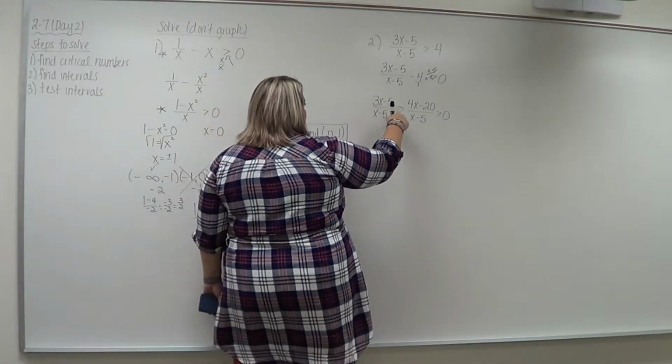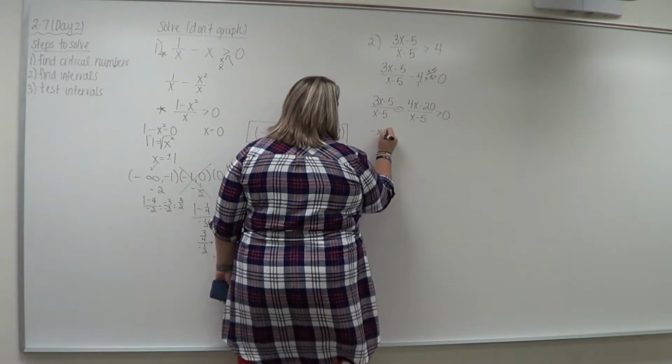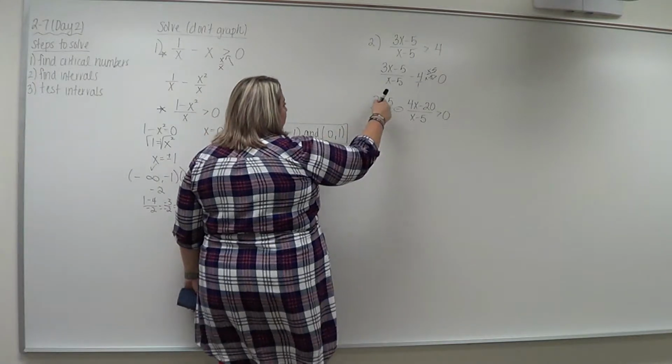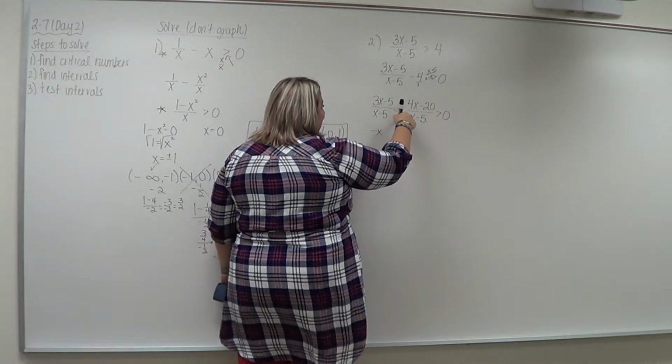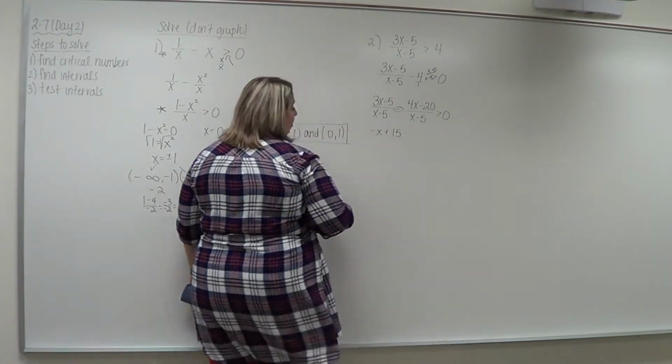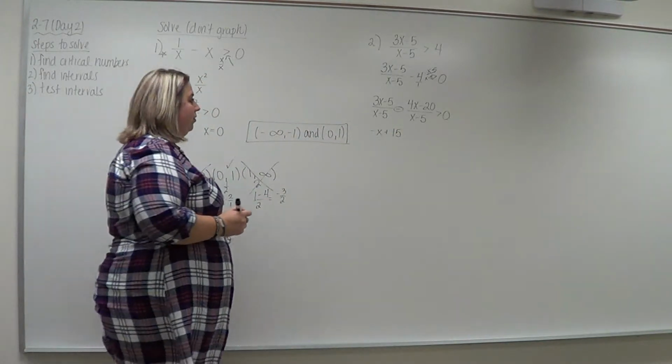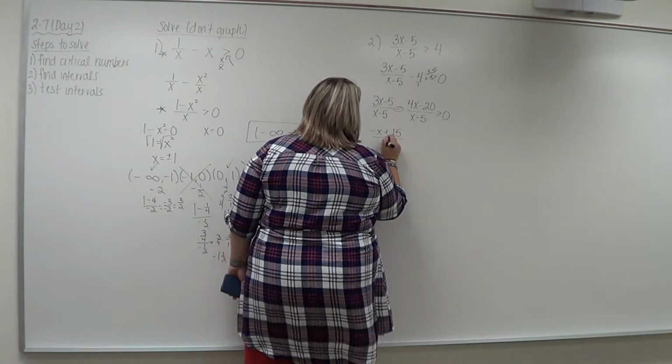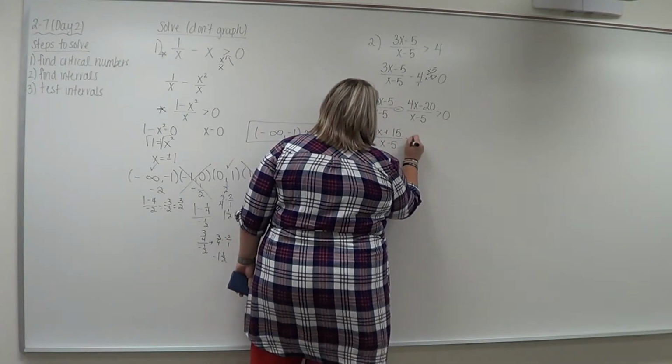So 3x minus 4x would be negative 1x. But then this would be negative 5 minus negative 20, which would be plus 15. Over x minus 5 greater than 0.